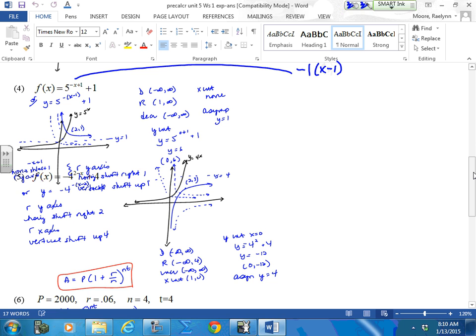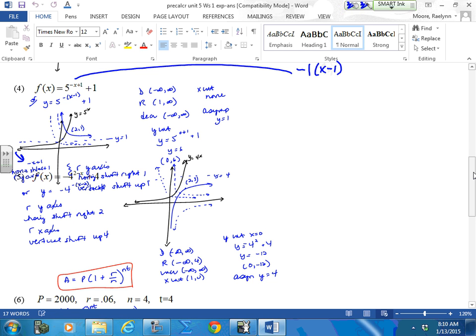You're going to reflect in your y-axis, and you're going to do a horizontal shift left 1. That's what it says here somewhere. Right here. Reflection over the y-axis and a horizontal shift left 1. If you factored it out, then you're just going to do a horizontal shift to the right 1 and then reflect over the y-axis after that.